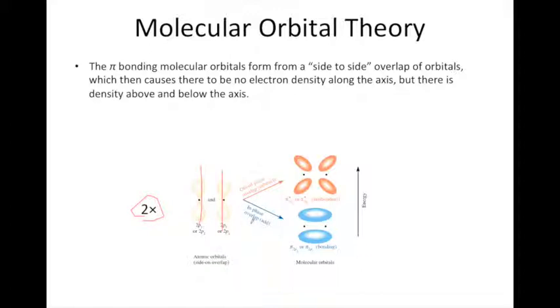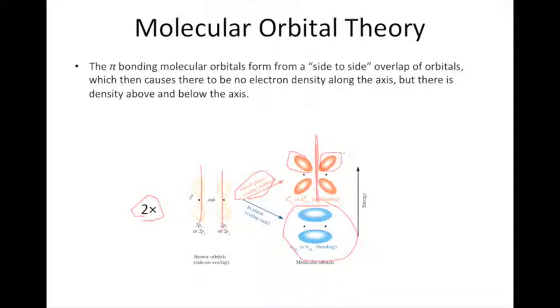They can meet in phase, parallel or side by side, to form pi 2p bonding. And you can see that, again, the electron density here is in between the two nuclei, either above or below. However, if they meet out of phase, the p orbitals form a pi star 2p antibonding, where we have a node in between the two nuclei, and most of our electron density when electrons are in these orbitals is above and to the side of the two nuclei.